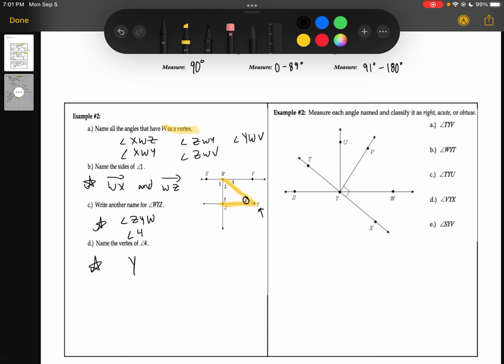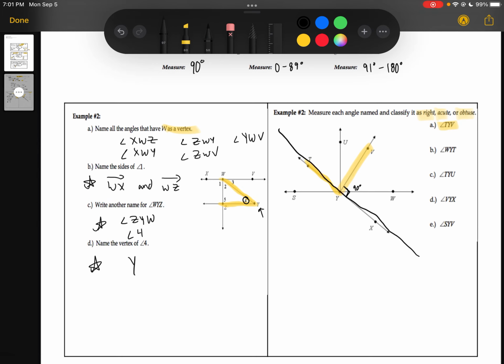All right, the last thing to just take a quick look at here in example number 2, we're only going to do a couple of these. Again, just start off with highlighting, and what they want us to do is label right, acute, or obtuse. So they want to go for angle T to Y to V. And here what we can see is, on this side we have a right angle marked off.